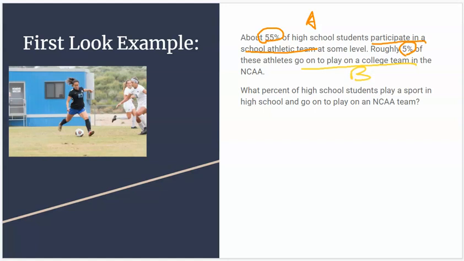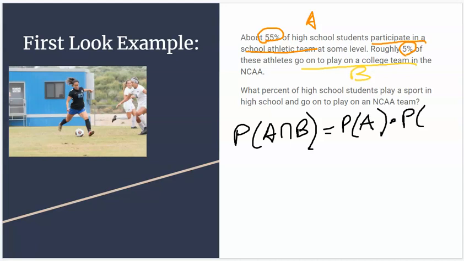So what is exactly the formula again? We're trying to find the probability of A and B. Using our general multiplication rule, we know that it's the probability of A, that would be our 55%, times our probability of B given A. So this is 55%, which is 0.55, times our 5% of those athletes, so it's 0.05.